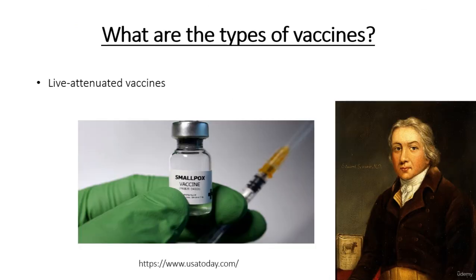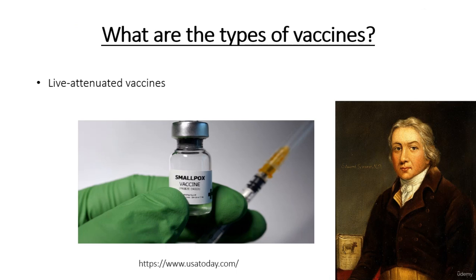Now let's see the types of vaccines and the first developed vaccine in each vaccine subtype. Okay, so the first one is live attenuated vaccine. Live vaccines use a weakened or attenuated form of the germ that causes a disease.